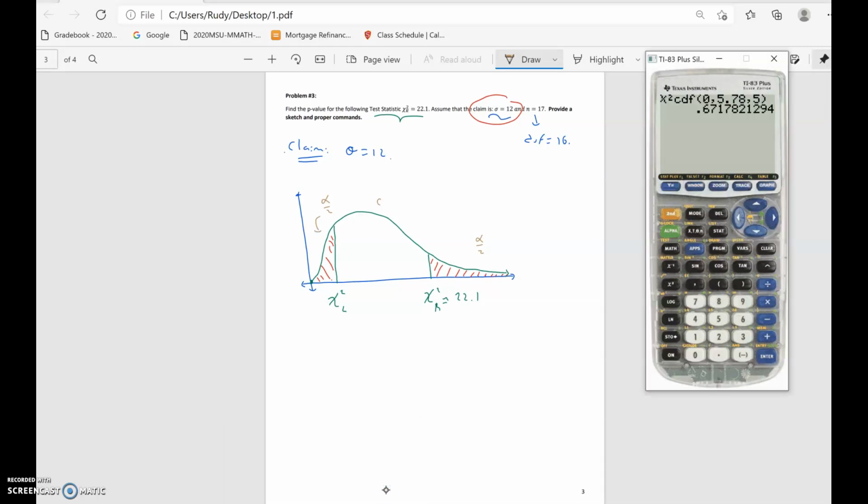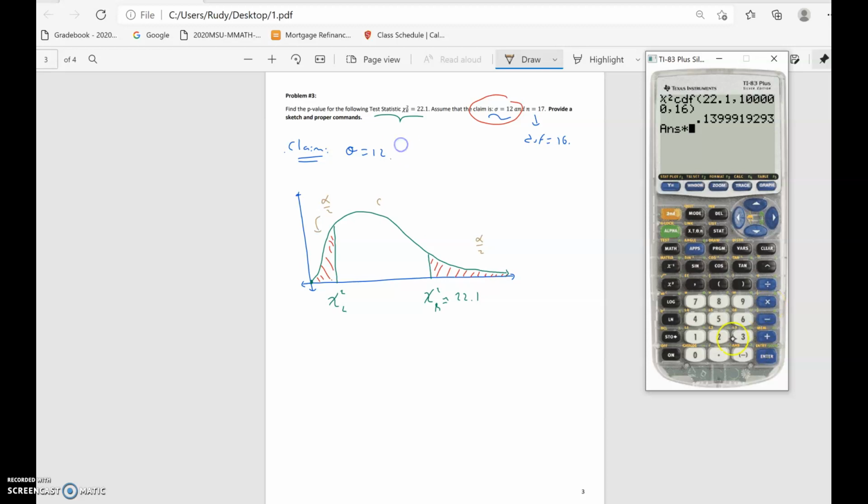So let me actually run the code. Your actual code is going to be the chi-square CDF. We're looking at 22.1 to a very large value, and then our degrees of freedom are going to be 16. So let me close that up, and that's going to be the area to the right.